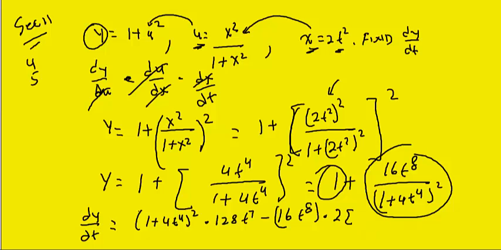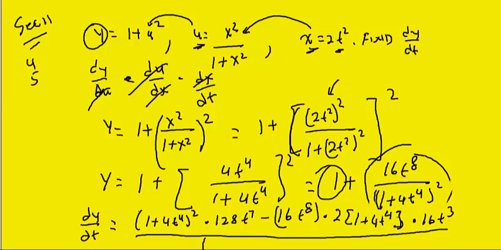Some people don't know their chain rule, so make sure you understand what I'm doing here. 2 times 1 plus 4t to the 4th to the 1st, and let me erase that because some of you will be a little confused when you get home. Times the derivative of the inside, which is going to give me 16t to the third. And all that's going to be over the quantity 1 plus 4t to the fourth raised to the what power?